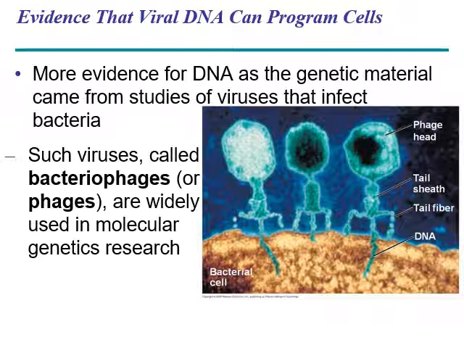And if it's passed from one cell to another, then a new cell can be transformed. Avery, McLeod, McCarthy, showing that what Morgan was looking at, what Griffith was examining, was the DNA. The DNA is what carries the information.